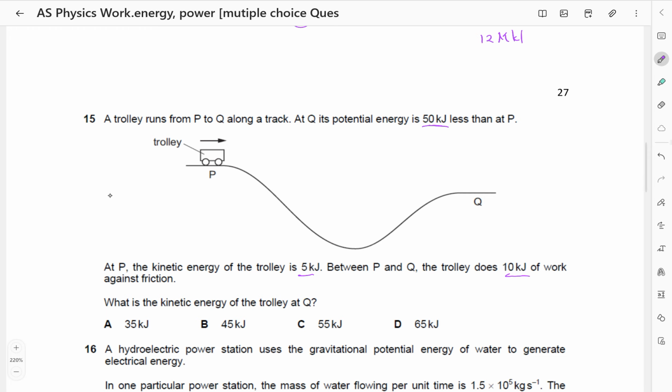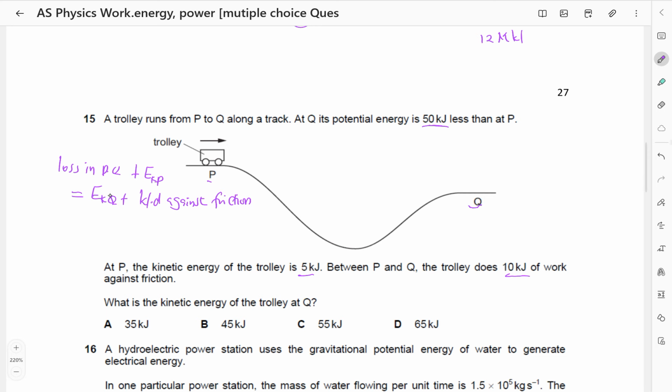So we can simply say the loss in potential energy plus the kinetic energy at P should be equal to the kinetic energy at Q plus the work done against friction. So the initial energy that we have is the difference in potential energy at P and Q, and then there is kinetic energy at P.